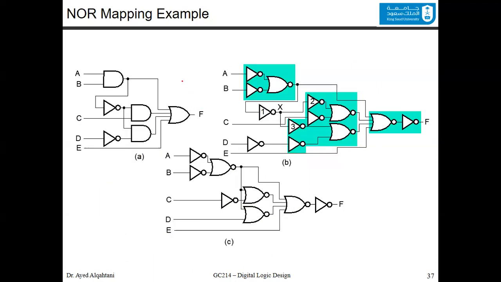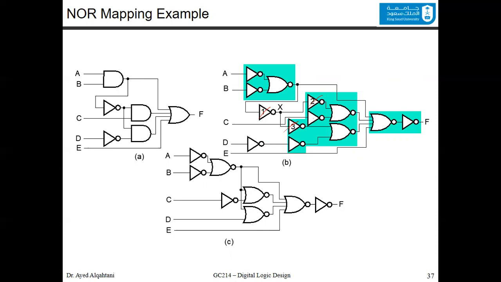Now, if you have the same example and now we want to transform it to NOR, every AND will be represented by a NOR with inverters, NOR with inverters, NOR with inverters. And this OR is simply represented by a NOR followed by an inverter. After that, you can see that you could cancel inverter number 1 with 2 and 3.